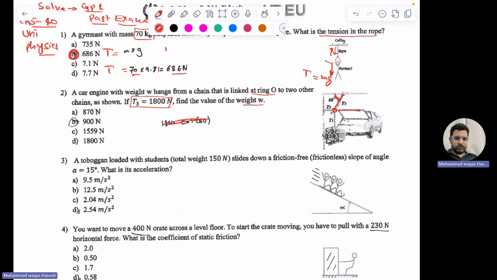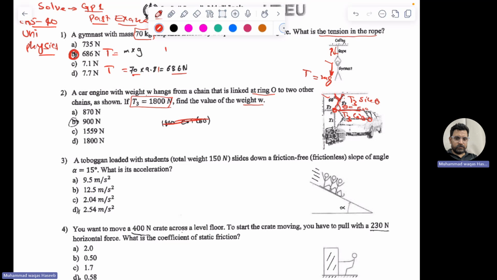By geometry, this angle and this angle are the same, and we can have two components of the force, T3 sine theta and T3 cosine theta, where theta is 60 degrees.